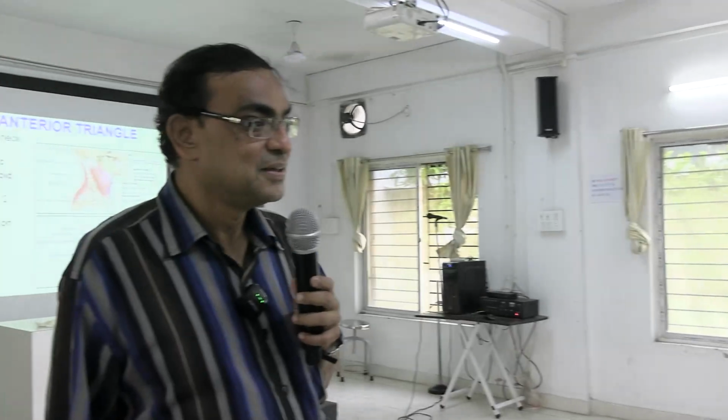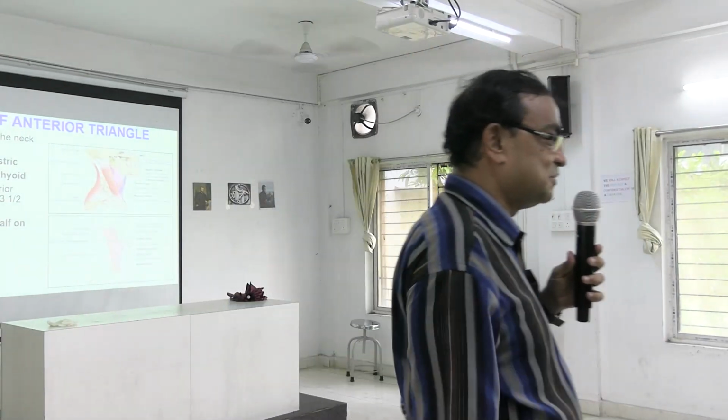And below the skin, we can get one cutaneous muscle. If I make this muscle taut like this, I can see this platysma muscle. Okay. This is a subcutaneous muscle just below the skin.